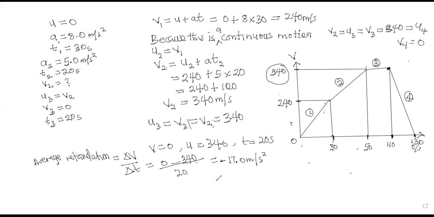Then (iii) the total distance traveled during the first 50 seconds. Total distance traveled during the first 50 seconds is the area between the graph and the time axis. So class, calculate this for me.